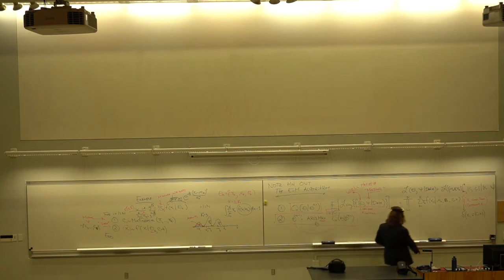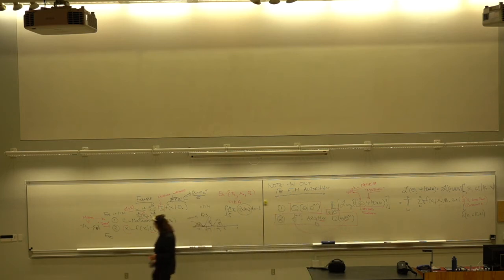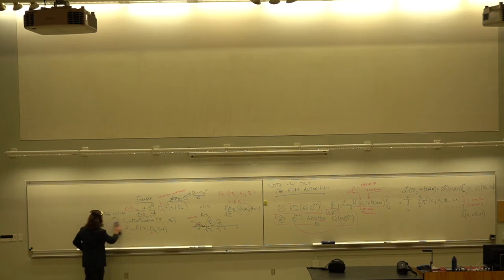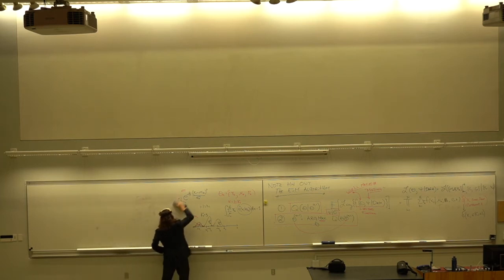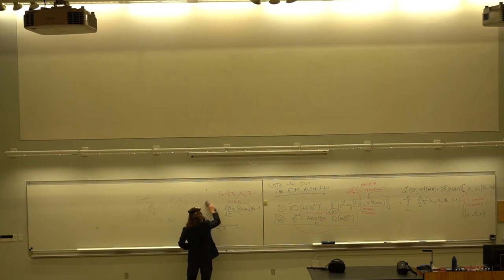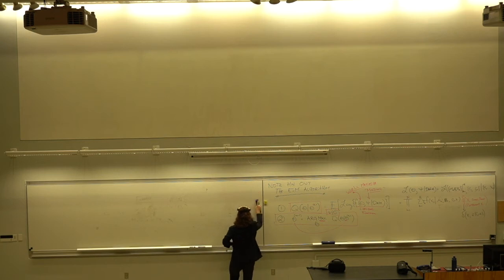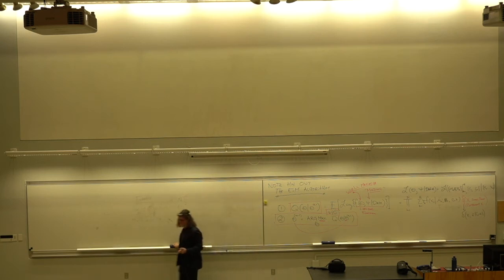Okay, so let's just write this down a little bit different. I'm going to make it simple for us, and I'm just going to take K is equal to 2, just so we can make the notation a little bit easier to work with. And everything will generalize.